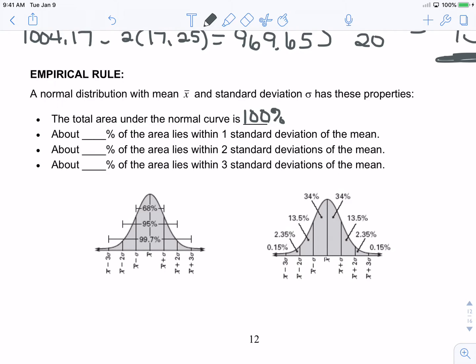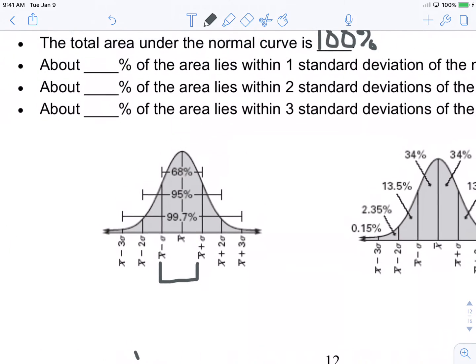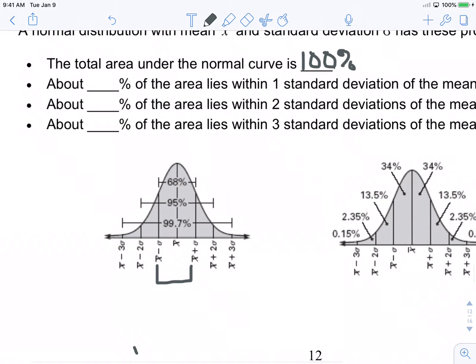Then there are 3 little bullets, and those 3 bullets represent the amount that's supposed to be within the mean or the middle of the graph. The first bullet says about blank percent of the area under the curve lies within 1 standard deviation of the mean. This notation is a little weird, but 1 standard deviation means we're moving to the left or to the right of the middle.